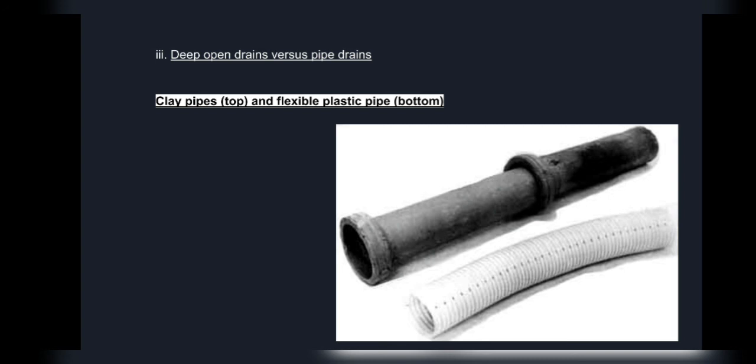In contrast to open drains, buried pipes cause no loss of cultivable land and maintenance requirements are very limited. The installation cost of pipe drains, however, may be higher due to the materials required and the skilled manpower involved.